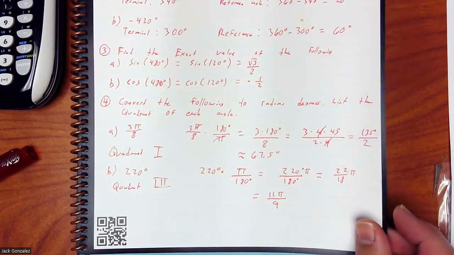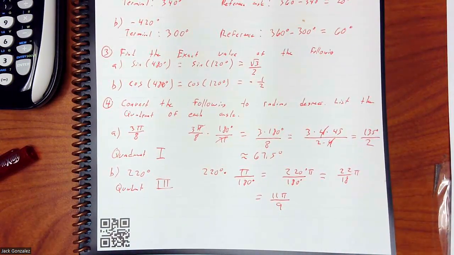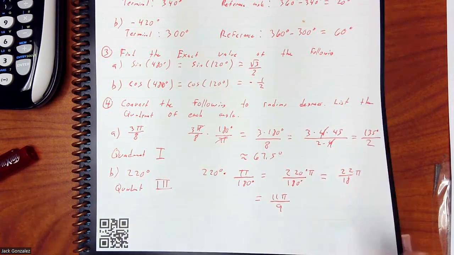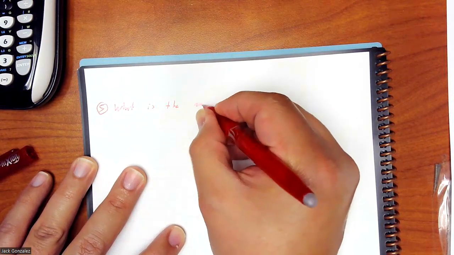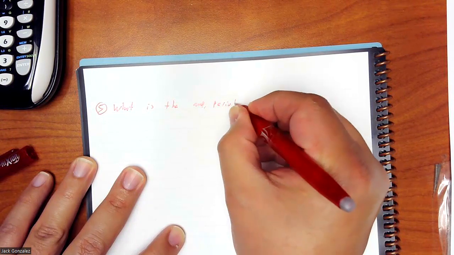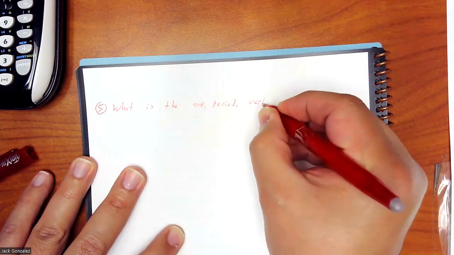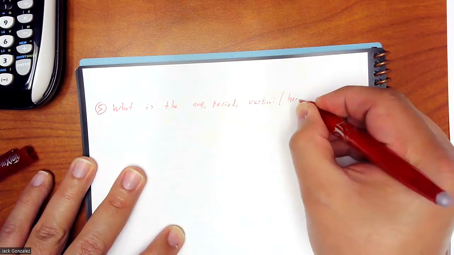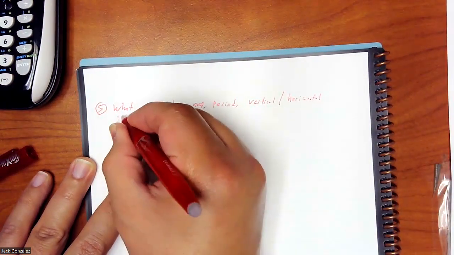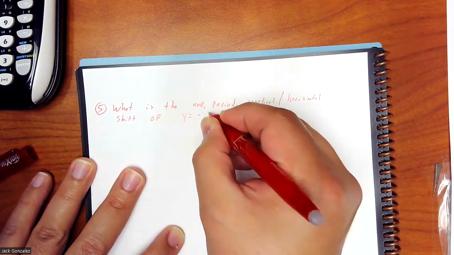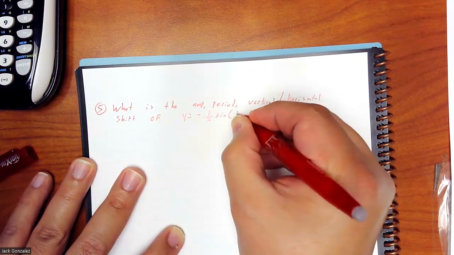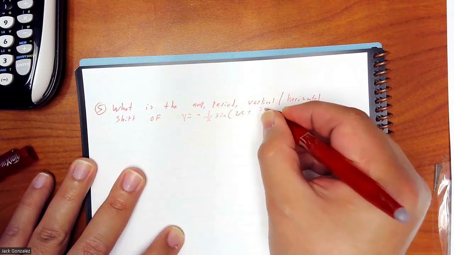All right. Number 5. What is the amplitude, period, vertical, horizontal shift of this guy right here, y equal to -1/2 sine of 2x plus 3 pi over 2.